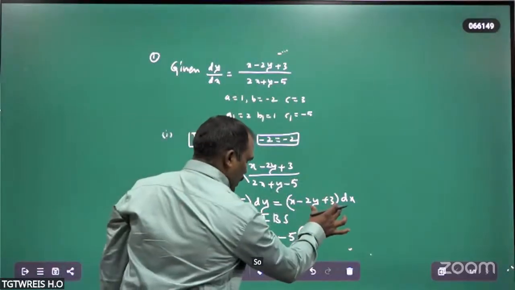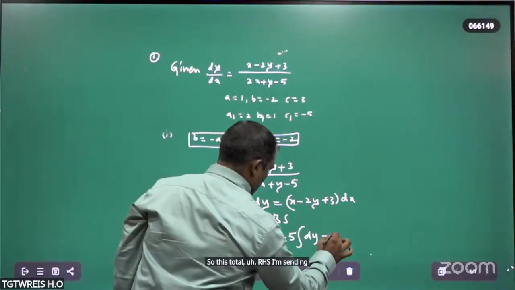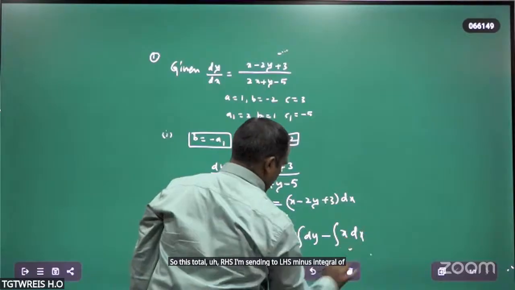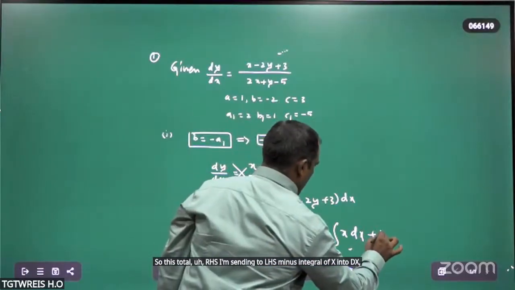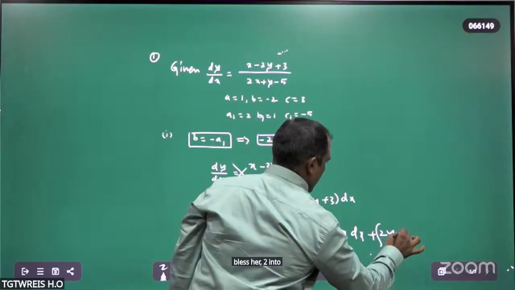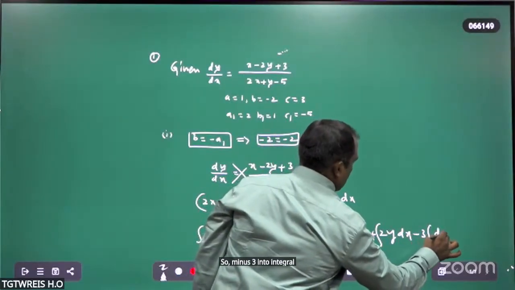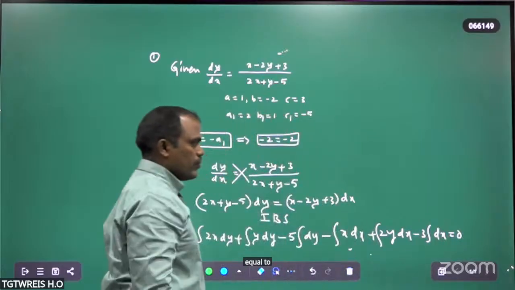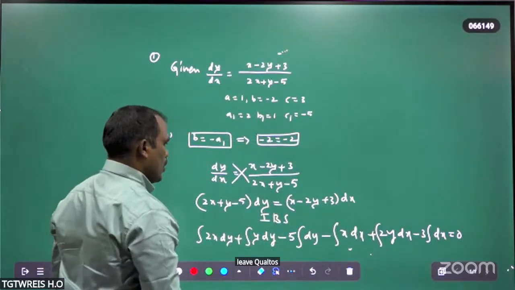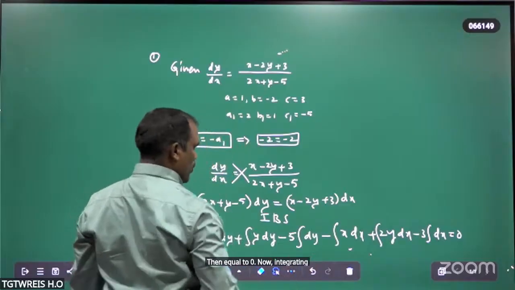Then sending the total RHS to the LHS: minus integral of (x dx plus 2y dx) minus 3 times integral of dx equal to 0. Now integrating on both sides, what will you get now?